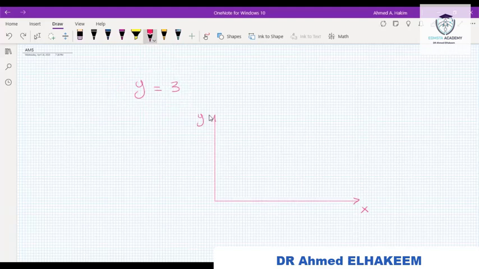You just graph the points and then see where 3 is. This is 1, this is 2, this is 3, this is 4, and here is 1, 2, 3, 4, 5. Show me how I can draw y equals 3.